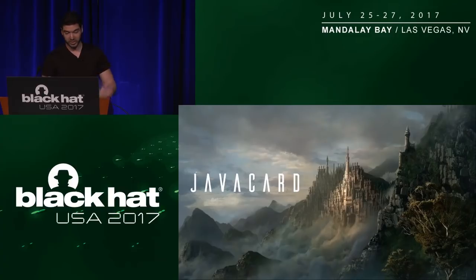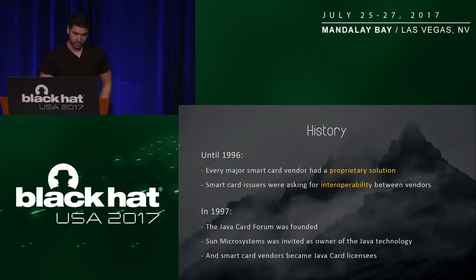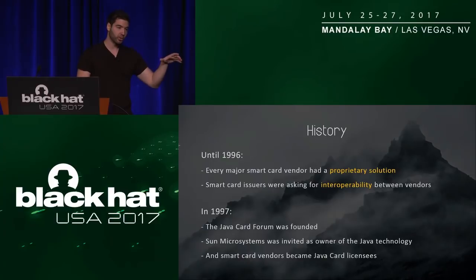So what about JavaCard? JavaCard started in '96. Until then, every manufacturer had its own operating system. So if you wanted to develop an application for a specific card, you had to use the operating system of that manufacturer. But then card issuers started to complain, and they demanded interoperability, which means that you can run your application on cards from different manufacturers regardless of the underlying hardware.